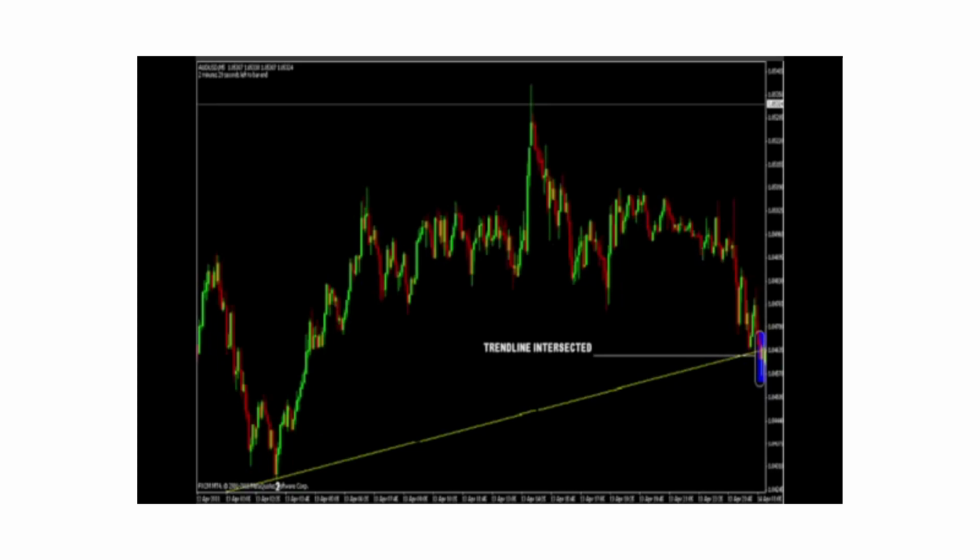One of them is the candlestick that intersects the trend line. Has it closed above or below? So you have to consider all this. The second is the length of the body of the candlestick, whether it is long or short, that closed above the downward trend line and below the upward trend line.